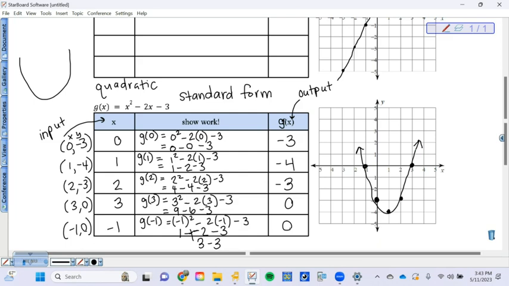I can't tell you how many tests I avoided failing because I remembered how to do this. I don't always remember the rules because they're annoying and hard to memorize, or I haven't seen them in years. But I can always make a table and graph from that table.